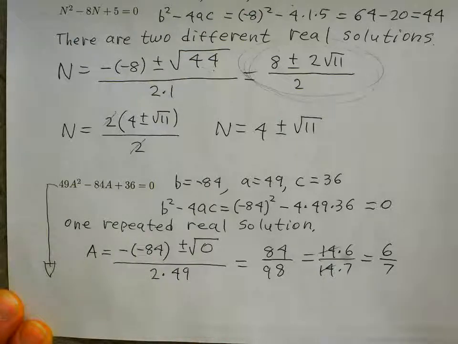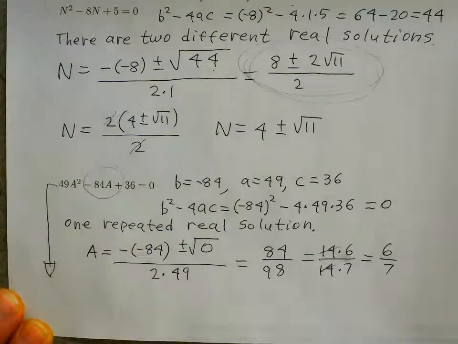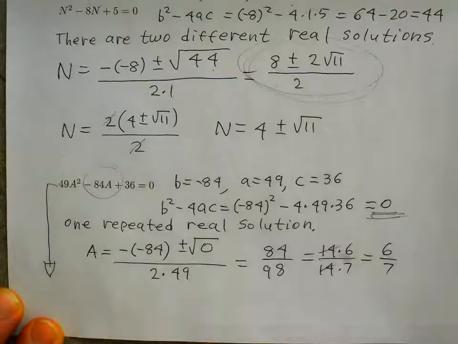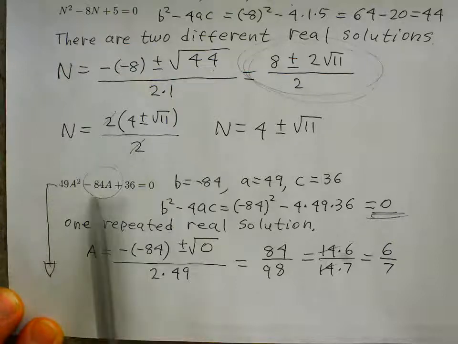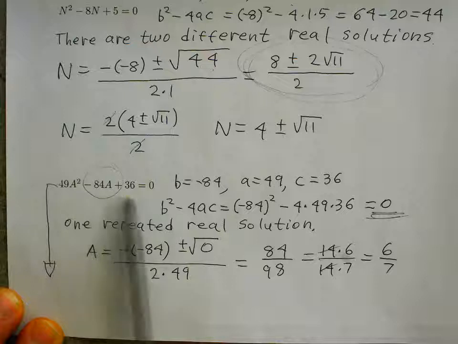So in general, whenever you see a trinomial where the term on the left and the term on the right are perfect squares, you should wonder if it's a perfect square trinomial. And it is. Remember what we said earlier, when the discriminant is 0, there is either a perfect square trinomial or a constant multiple of a perfect square trinomial.